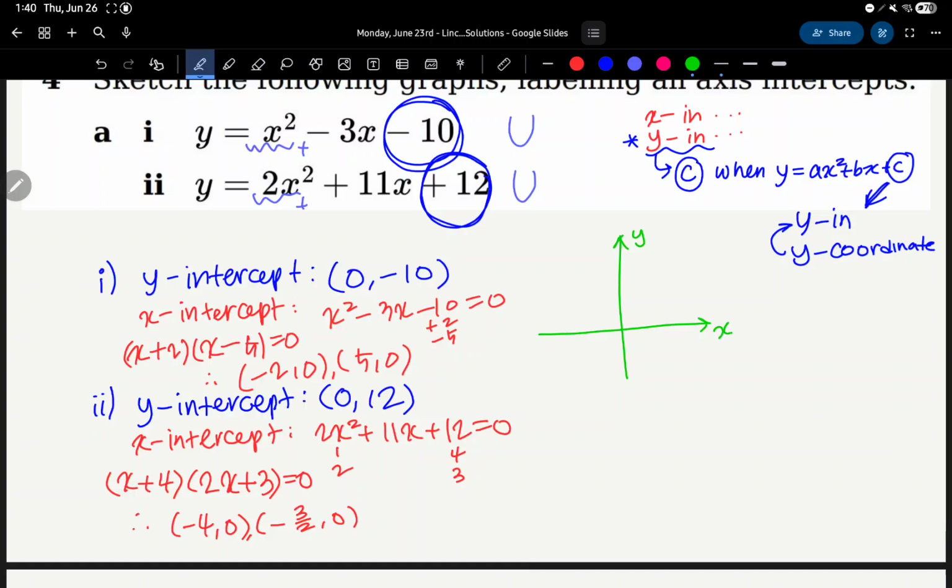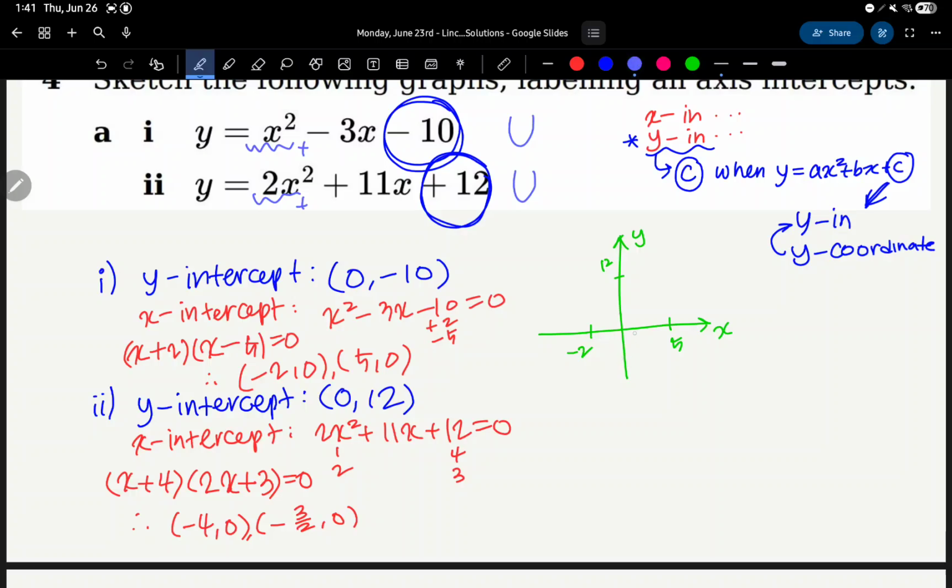So the first one crosses the x-axis at -2 and 5, and the y-intercept crosses at (0, 12). So how do we know the line of symmetry right away?